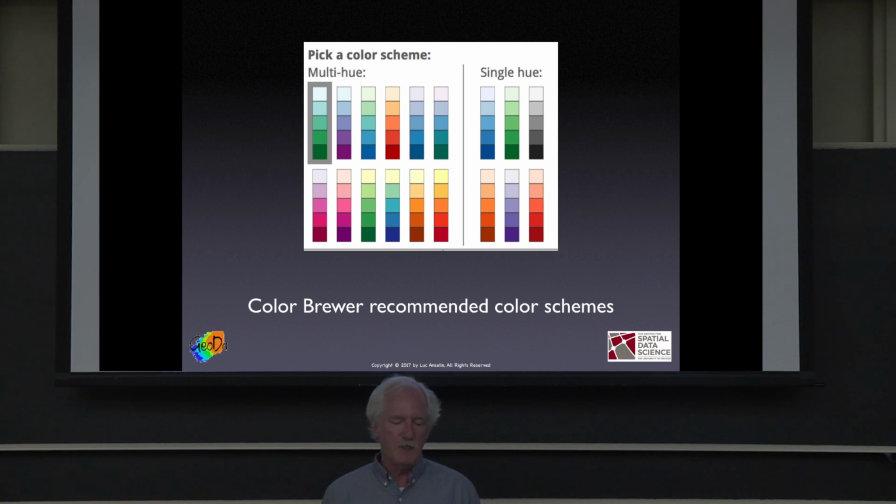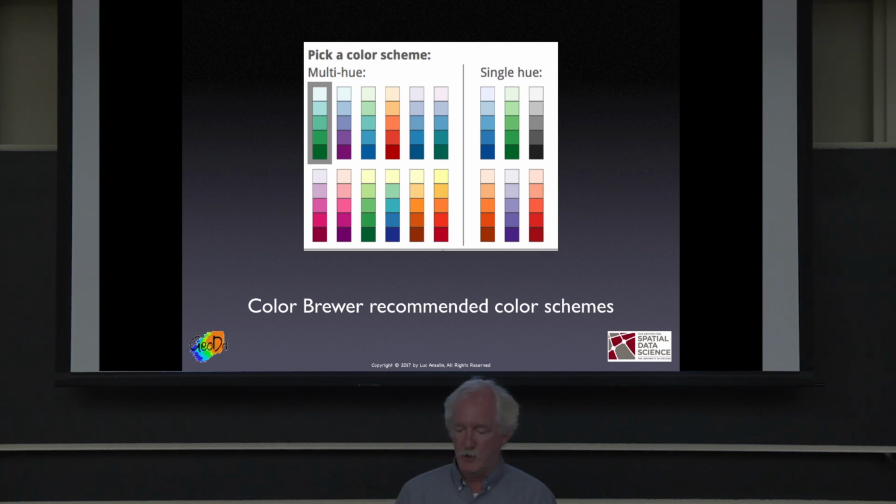You see some examples of these color schemes, which either combine different hues, like on this left side, or are different shadings of the same hue, the same base color.